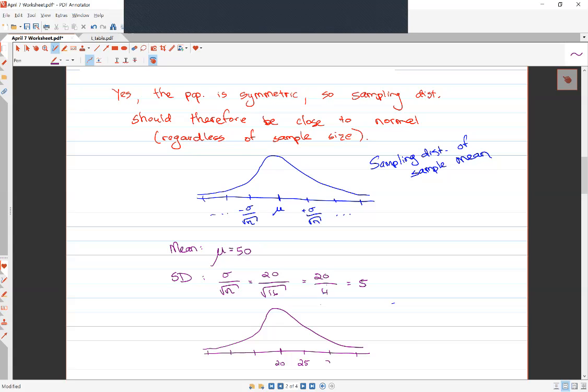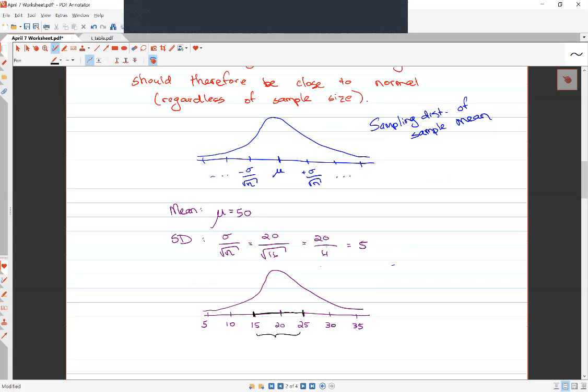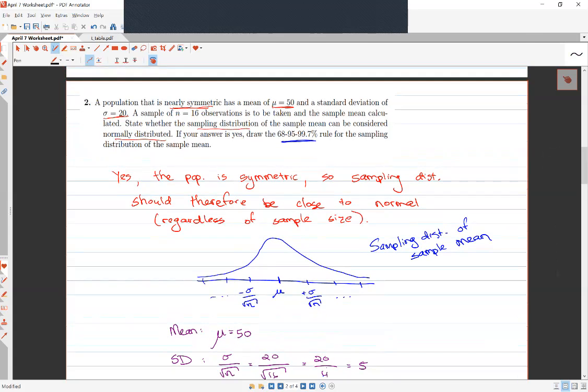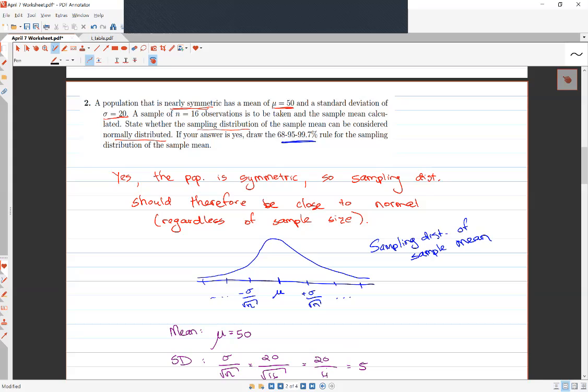So this would be 25, 30, 35, and in the other direction, 15, 10, and 5. And hopefully you remember that means like the inner two values, 15 to 25, therefore represents where 68% of our sample averages will lie.